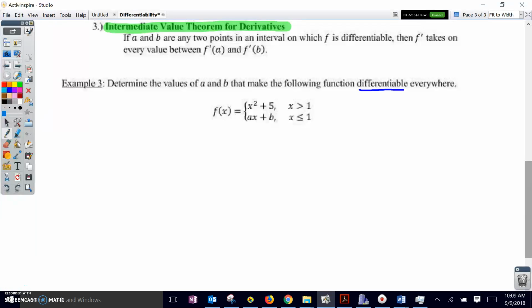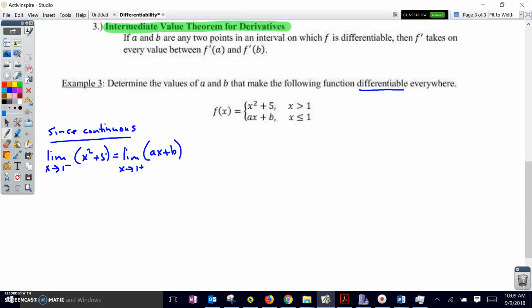So first off, since it's continuous, that means that the limit as x approaches 1 from the left of x squared plus 5 has to be equal to the limit as x approaches 1 from the right of ax plus b. And we can find each of these limits individually via substitution, and so we get the equation that 6 is equal to a plus b. So since it's continuous, that's true.